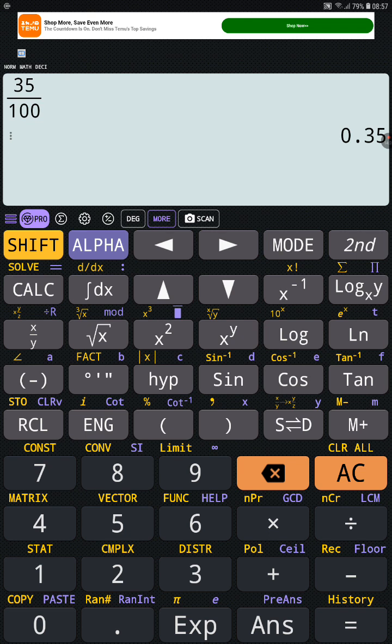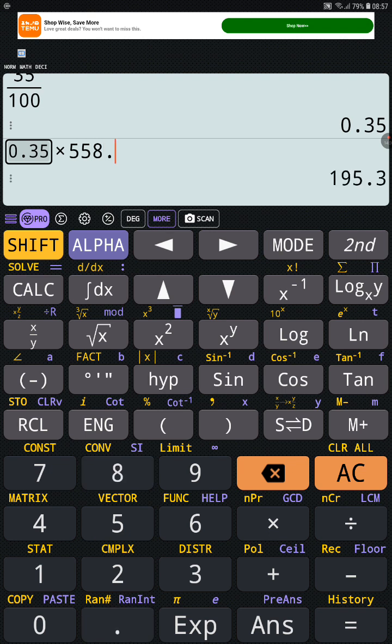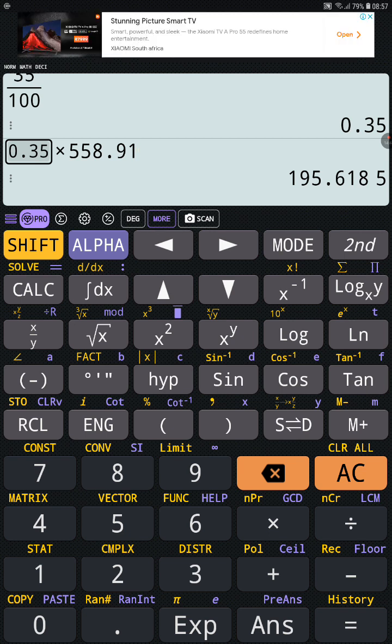So we're going to say that's 0.35 times 558.91, and we're going to get our answer, which is 195. So we just take the answer as it is, and then we round it to the nearest cent.